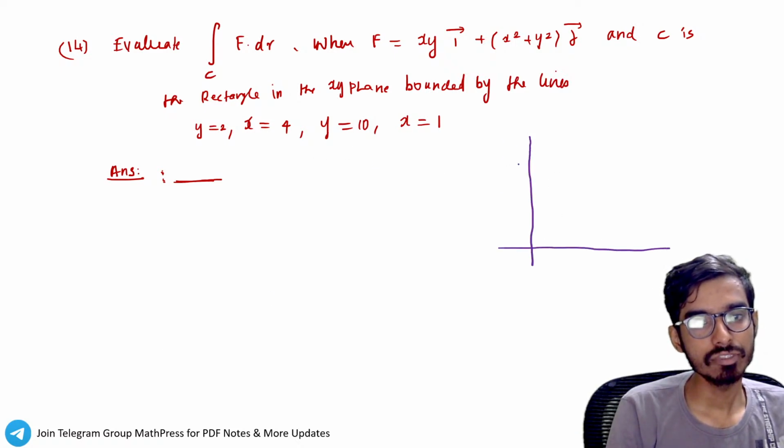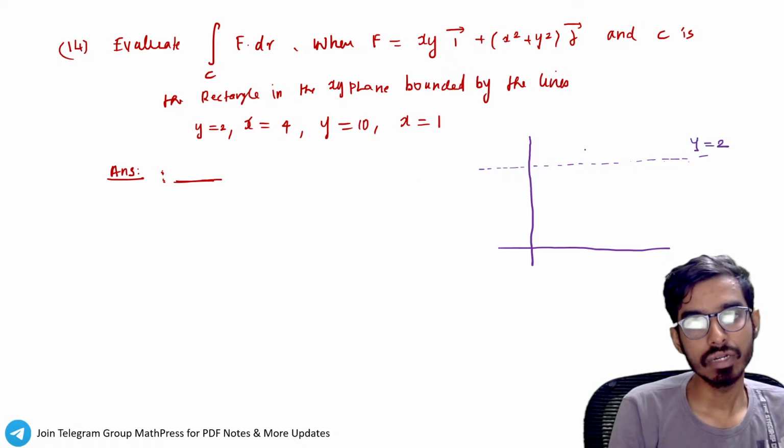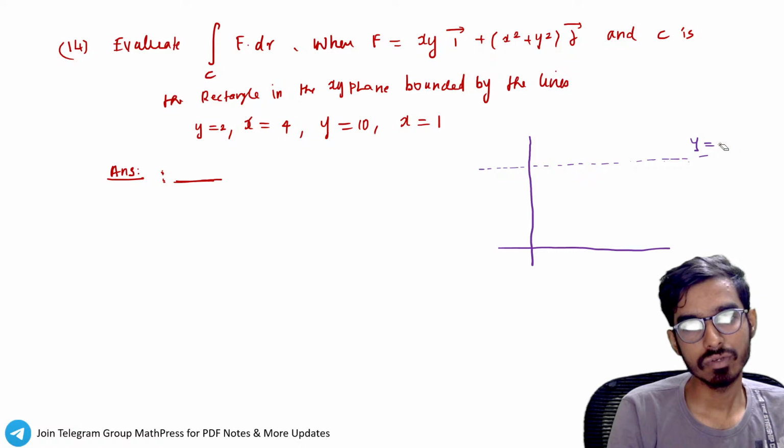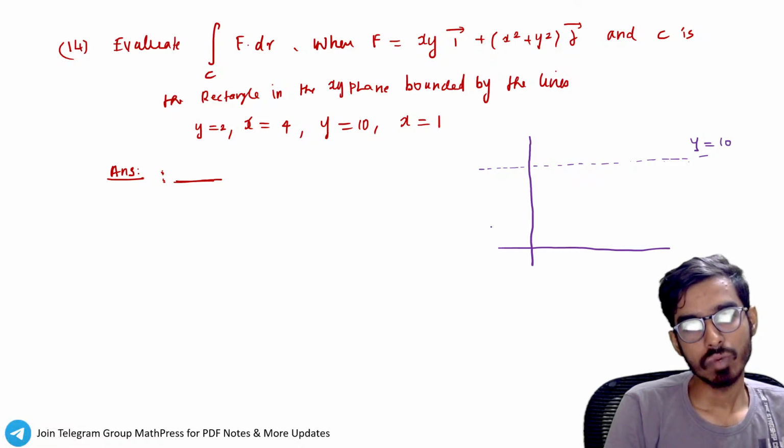So you can see y is 2. So this is the line y is equal to 2. And we have y is equal to 10. Let us call this y is equal to 10, and y is equal to 2. So this point is 2 and this point is 10.